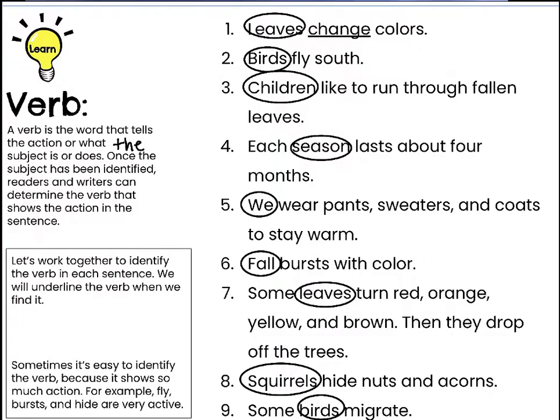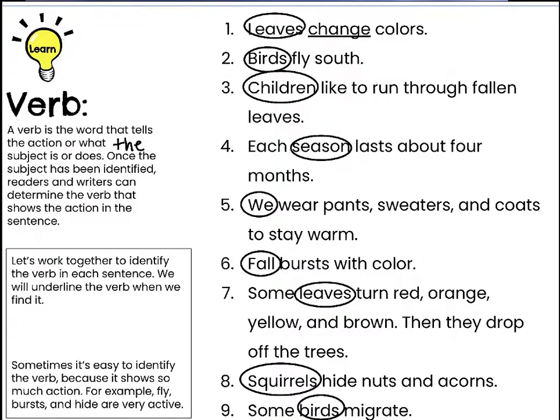Sometimes it's easy to identify the verb because it shows so much action. For example, fly, burst, and hide are very active. When you think of the word fly, you can imagine a bird flying. It's an action. When something bursts like a bubble, you can visualize that. You can picture the bubble bursting.